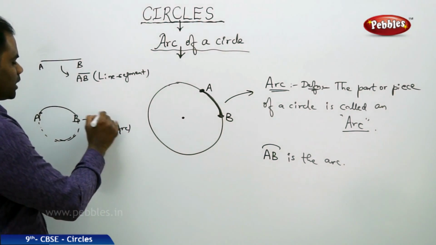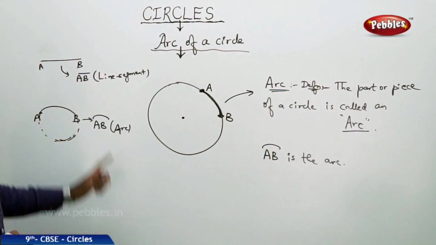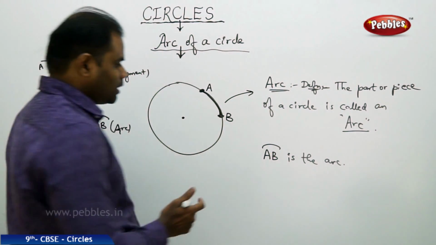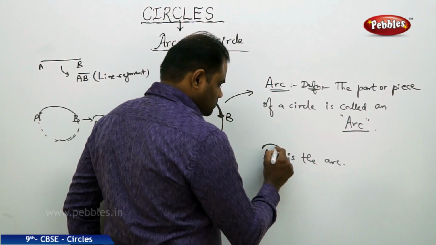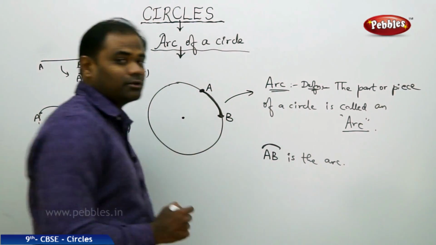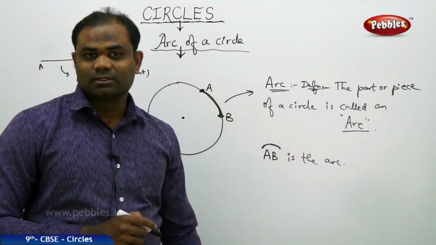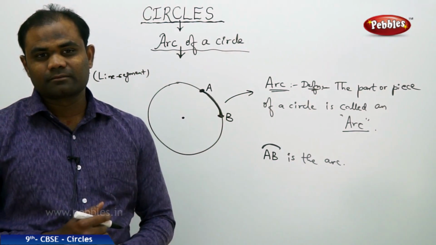So the symbol I put on the top defines this to be an arc and this to be a line segment. An arc always has this symbol on its top. So AB is the arc for the circle as given here.